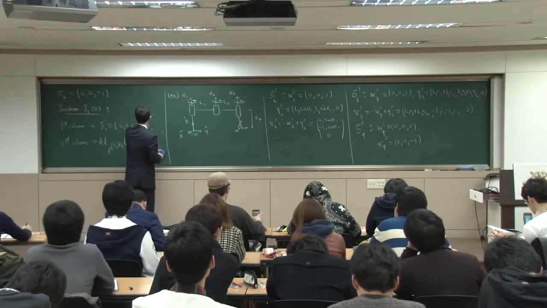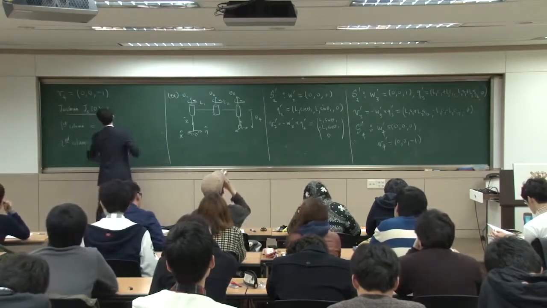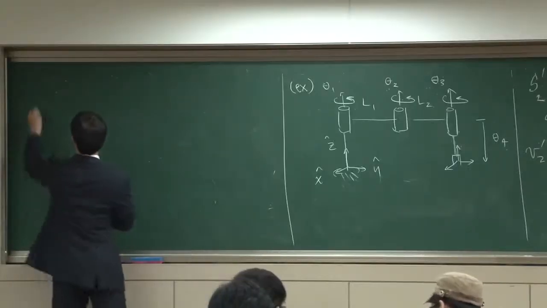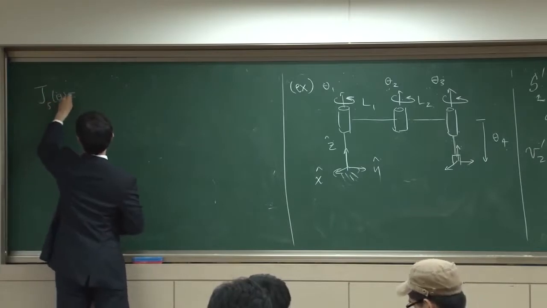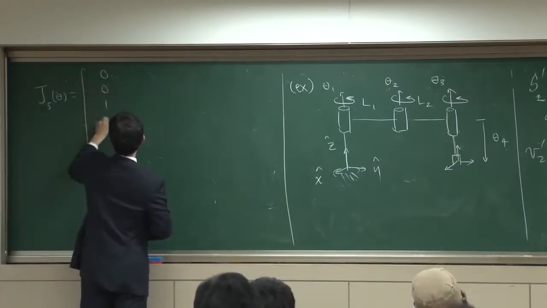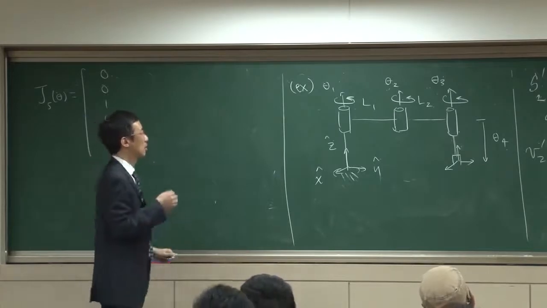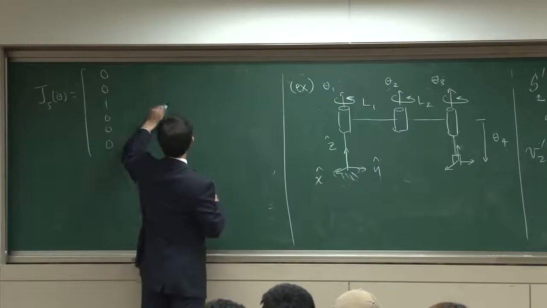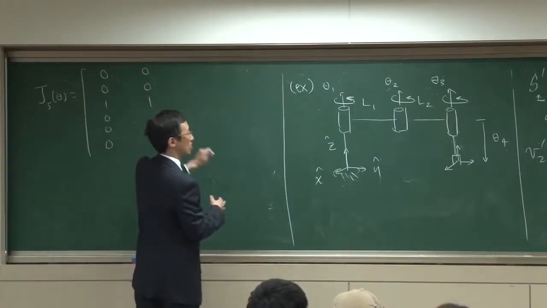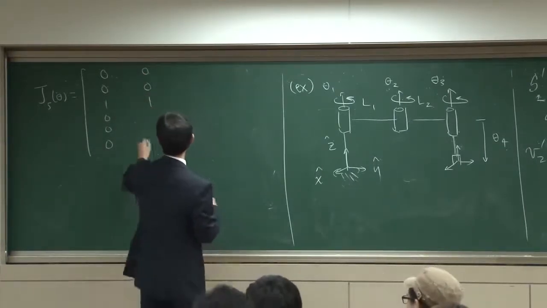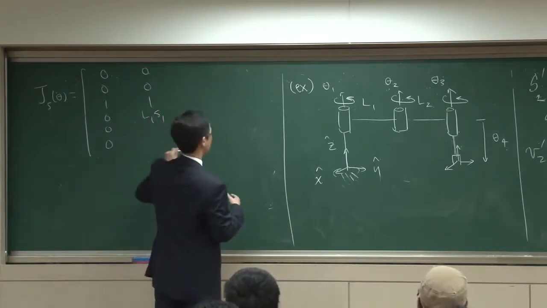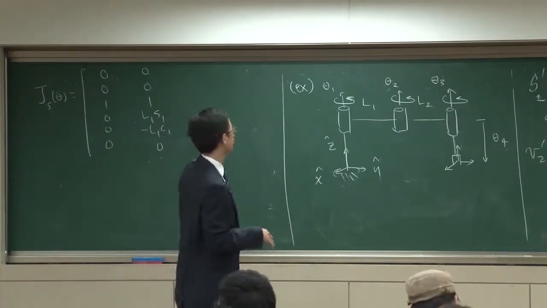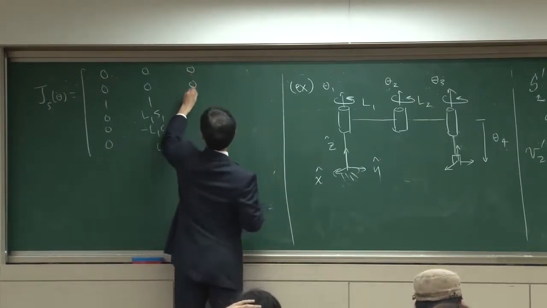Okay. So if we put everything together. Okay, J sub S is 0, 0, 1, 0, 0, 0. Second column is 0, 0, 1. They're all 0, 0, 1. And this is L1 S1, minus L1 C1, 0. Third column, 0, 0, 1.